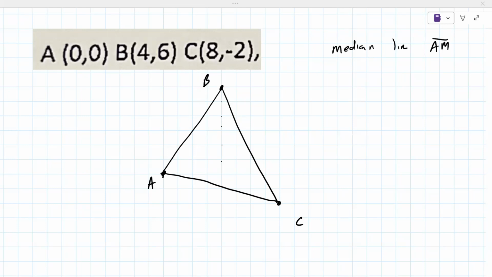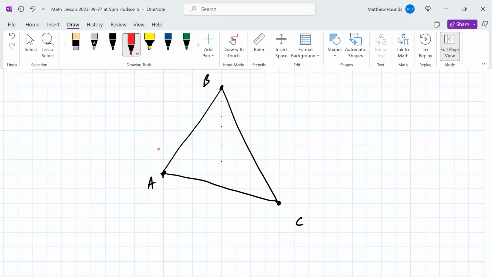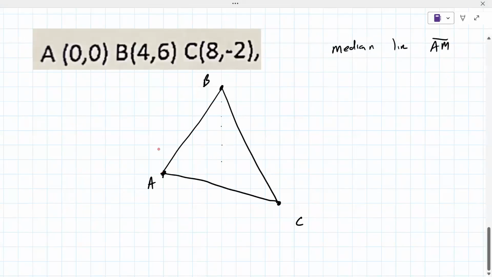Okay, so the median is like the midpoint. Okay, so the median line, I'm going to draw it here, and don't draw this because you're going to want to do better than mine. It's a line that goes through A, like that. So it splits this in half, and that's point M right there. So we're going to learn how to create this median line today. Is that okay with you? Sure, I don't have much choice.